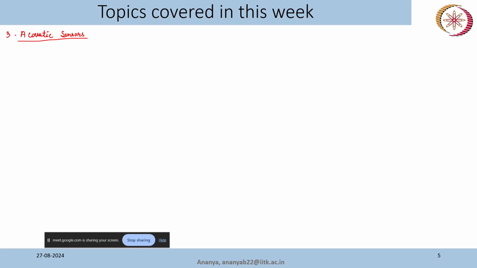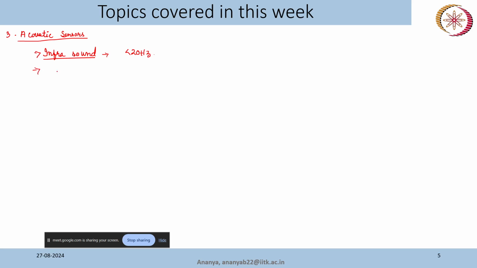And in case of sound energy, we have three different frequency ranges. First one is the infrasound. Those sound waves have frequencies below 20 hertz. Okay.